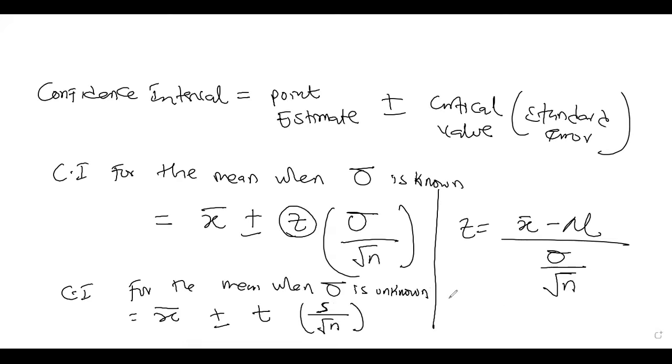Then for the purpose of hypothesis testing, if you want to compute the t yourself, it is the sample mean minus the population mean over the standard error, which is the sample standard deviation over the square root of n.